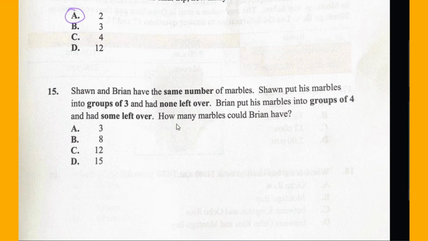Now let's just look back at the question. So both boys have the same number of marbles. One was able to put his into groups of 3s and none was left over. So it means that the number is a multiple of 3. The other boy, he put his into groups of 4 and some were left over.